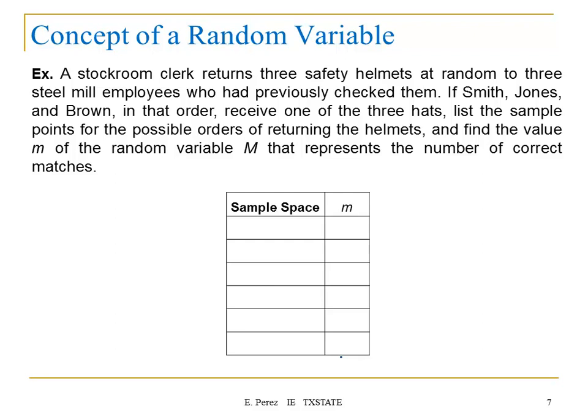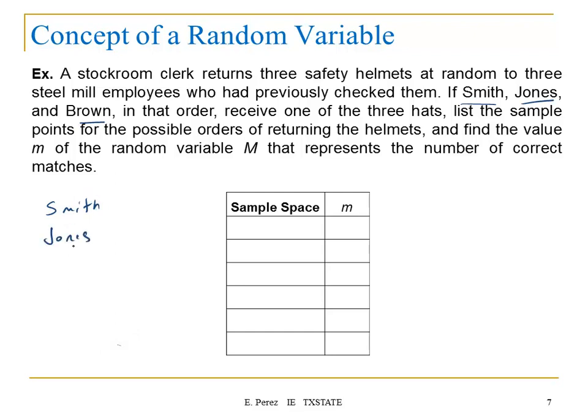Okay, so let's say we have another example here. A stockroom clerk returns 3 safety helmets at random to 3 steel mill employees who had previously checked them. And we have 3 employees, Smith, Jones, and Brown, in that order.